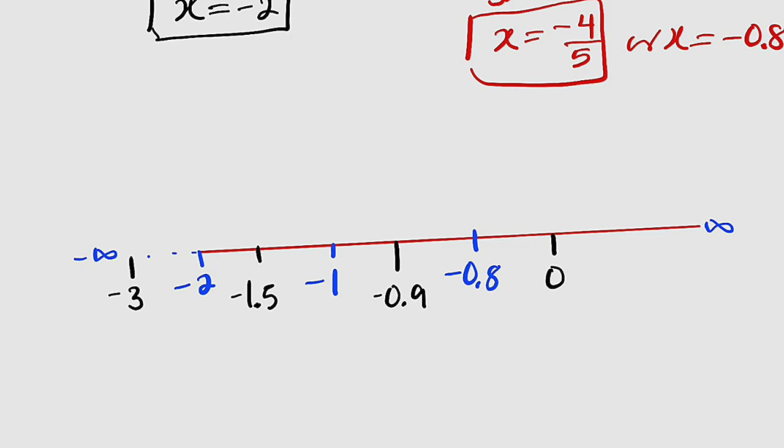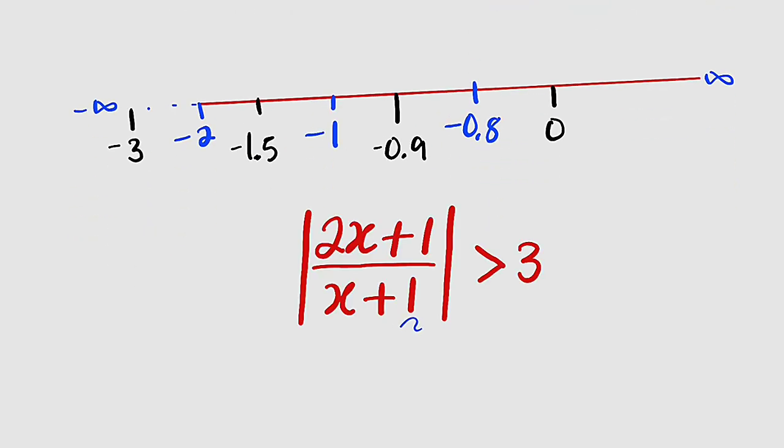So where is my inequality? This is my inequality. Let us start with negative 3 here. What happens if x is negative 3? We have negative 3 times 2, which gives us negative 6. Then you add 1. The numerator will be negative 5. Then you divide by negative 3 plus 1, which is negative 2.